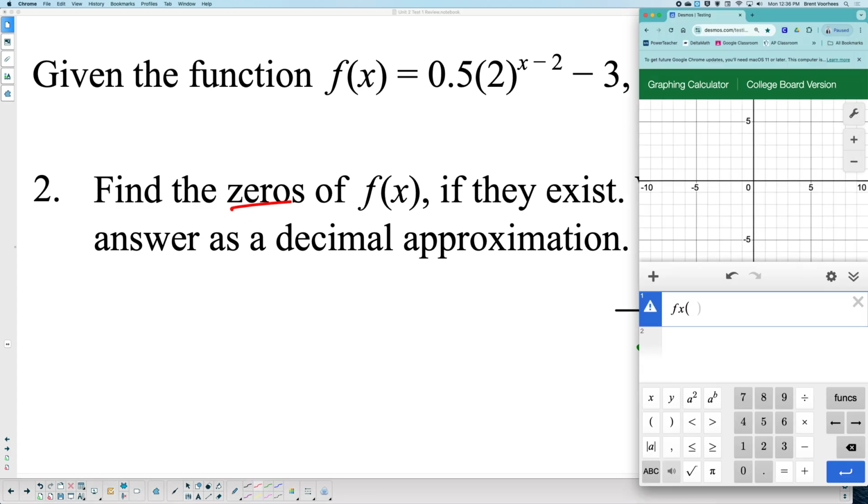It should be pretty simple to find if you just type in your equation. On the powers you have to put it in parentheses to make the x minus 2 stay in there. If you don't use parentheses on the powers, it always leaves the exponent. So make sure you put parentheses on that to make it work.